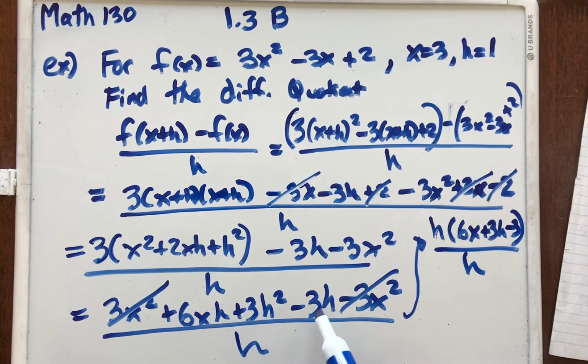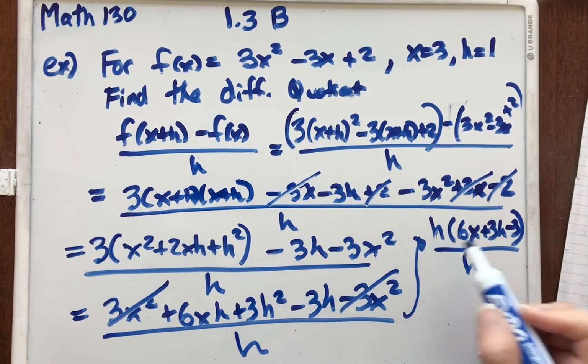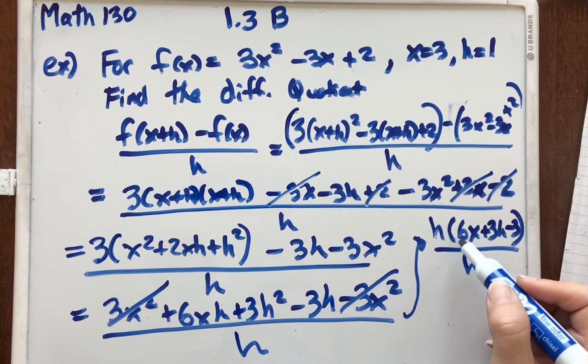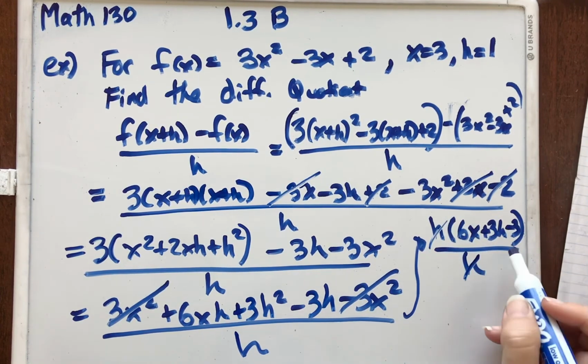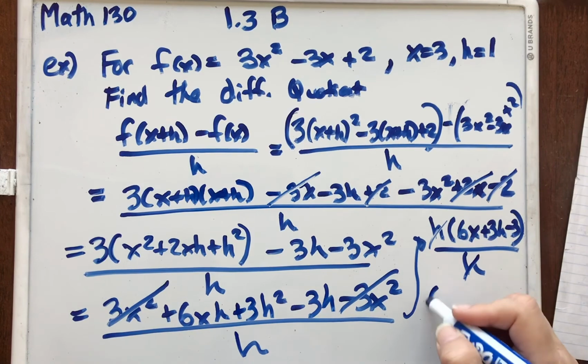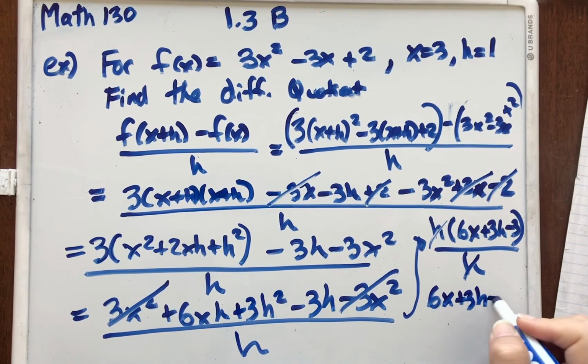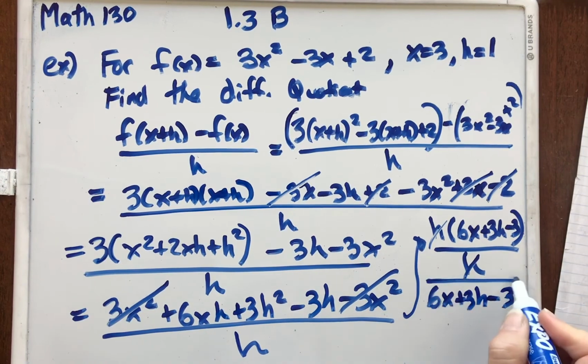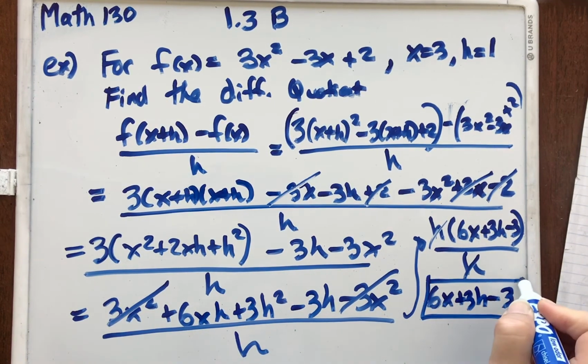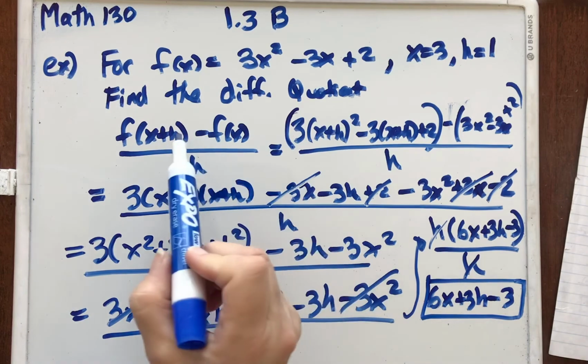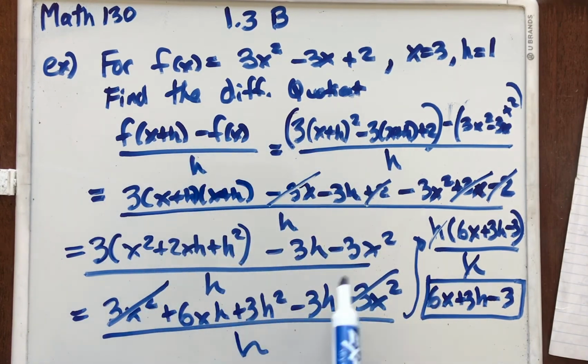So I factored out an h, and the h's cancel. So what do we have left? 6x plus 3h minus 3. That is our final answer. So to find the difference quotient, we start here, do all this work, and there's our answer.